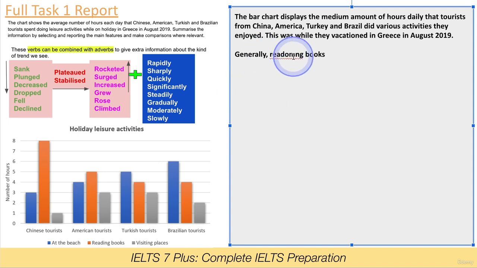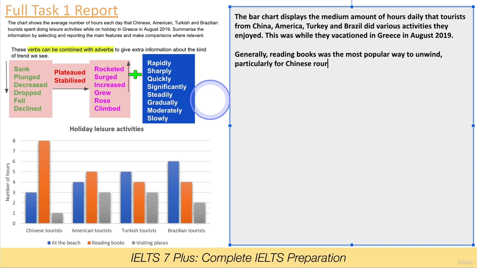Reading books was the most popular way to unwind, particularly for Chinese visitors. Our overview is quite to the point, fairly straightforward. Now we can go into our two groups: the reading books group, and then we'll follow it up with the at the beach group.